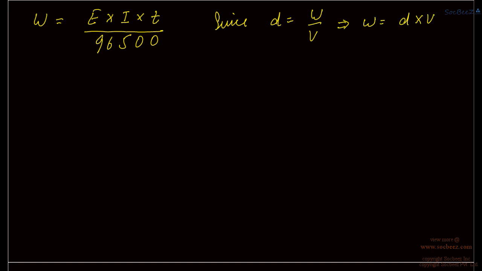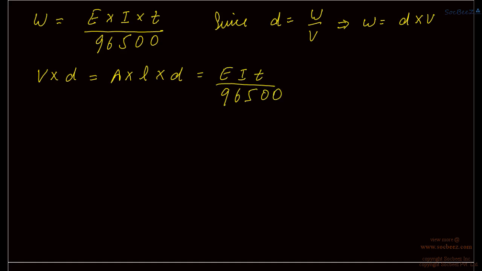Hence, we can write W as volume into density, equals area into L into density. Volume is just area into length, equals E I T upon 96500. So this is the case whenever we consider the electroplating of any metal.